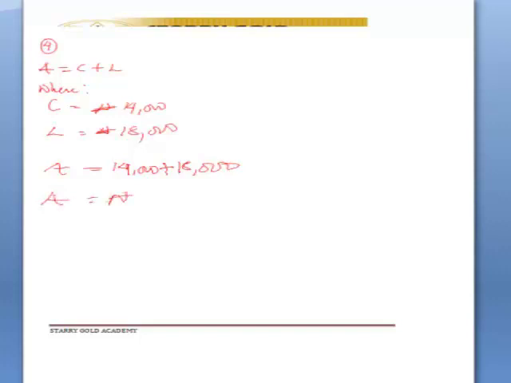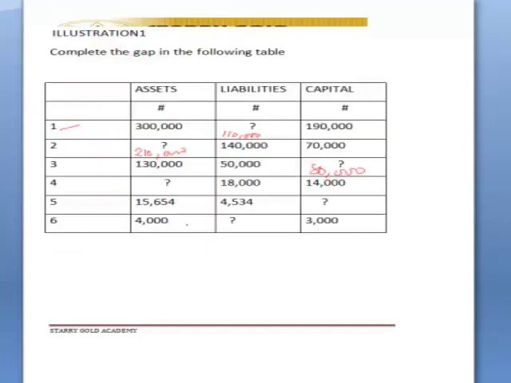Our A is 14,000 plus 18, that is 32,000. So this is 32.